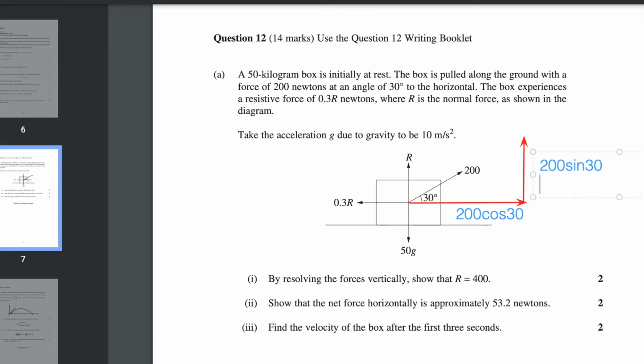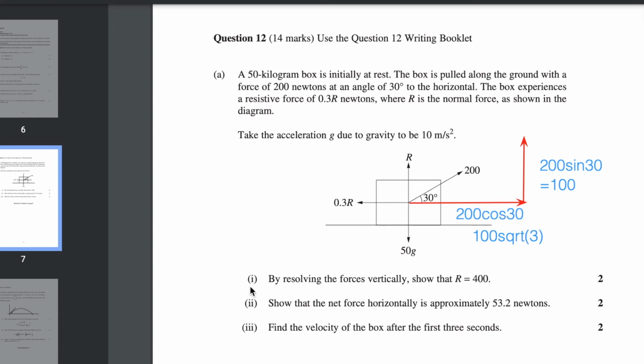Now, sine 30 is equal to a half, so that just equals 100. Cos 30 is root 3 on 2, which is slightly harder for me to type on this screen. So 100 times the square root of 3 is our horizontal component.